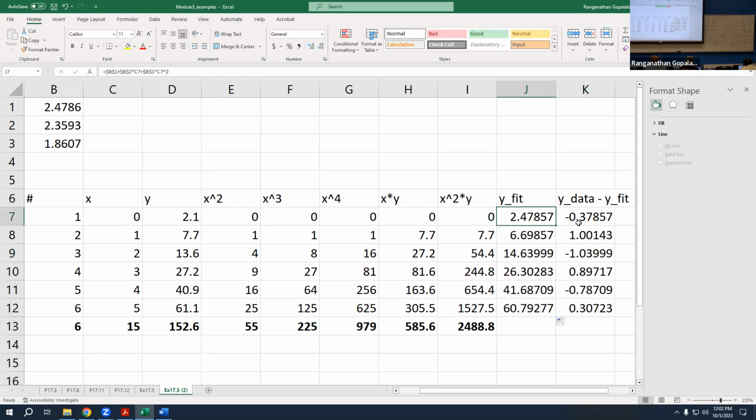The following column K is the difference between your data and the fit. What does the ideal fit look like? If the fit were perfect, what would be the values of this difference column? Zeros. But that won't happen because real data always has some noise, so there is always some shifting around.